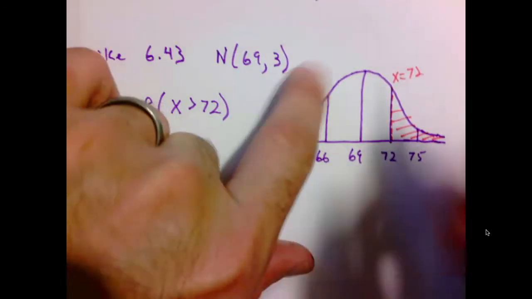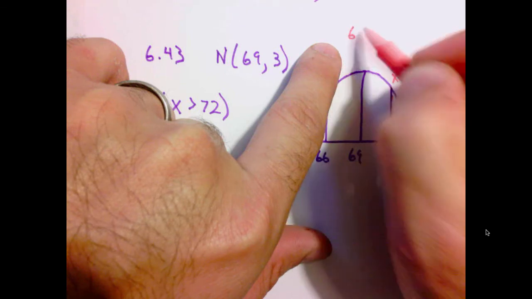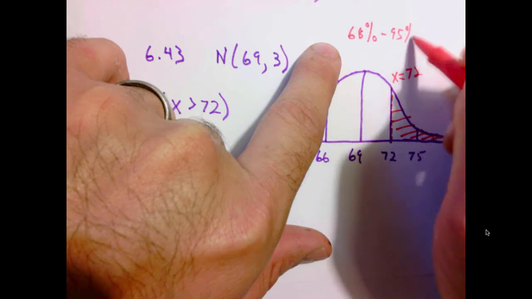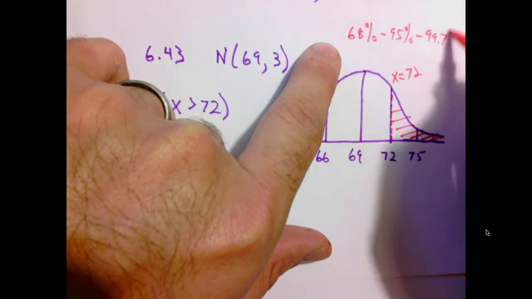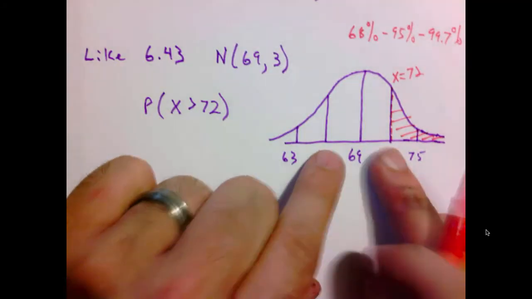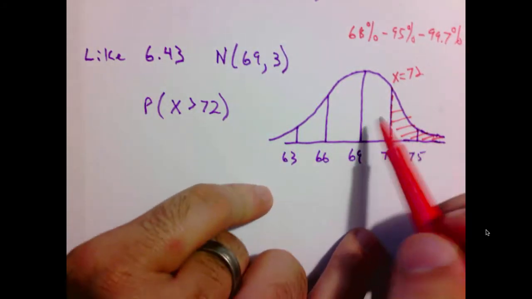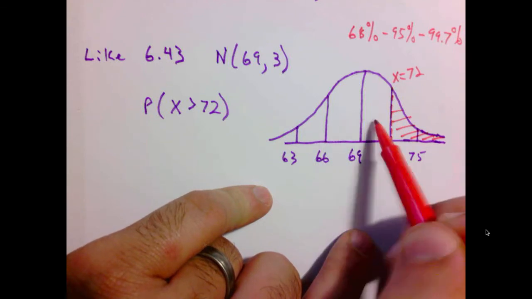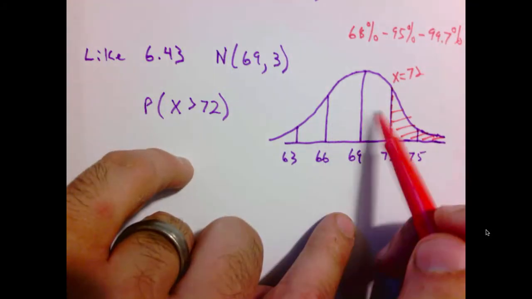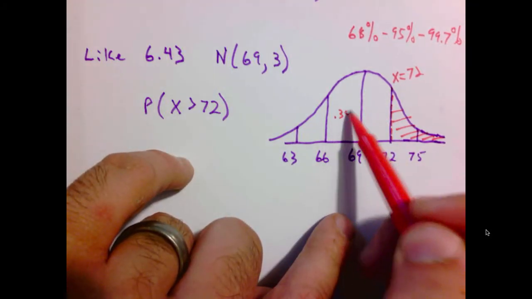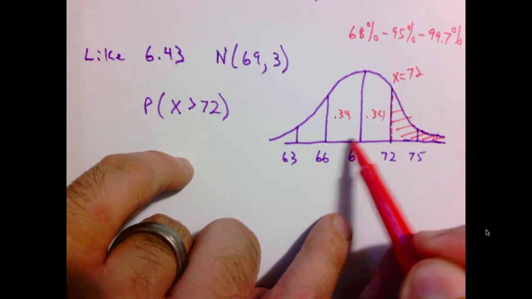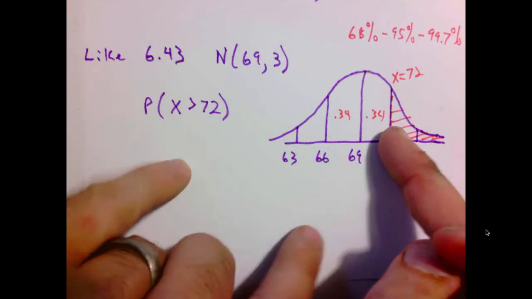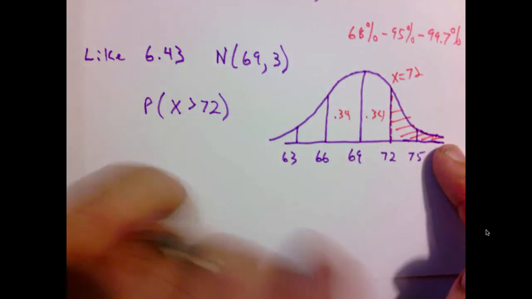Hopefully you remember from before that the empirical rule said 68%, 95%, and 99.7% in our first, second, and third standard deviations. So we would have 34% in each one of these, 0.34 here and 0.34 here. We have 50% below the mean, and another 34, that's 84%. If 84% is to the left, it's going to be about 16% to the right.